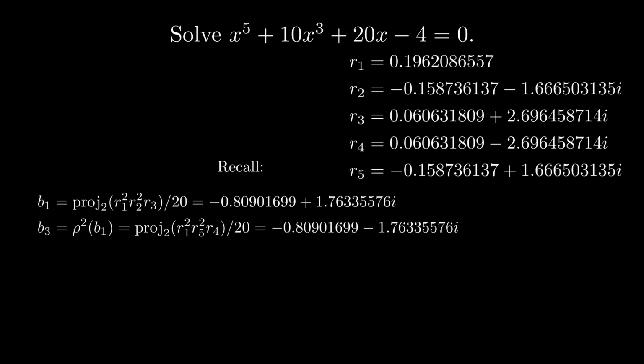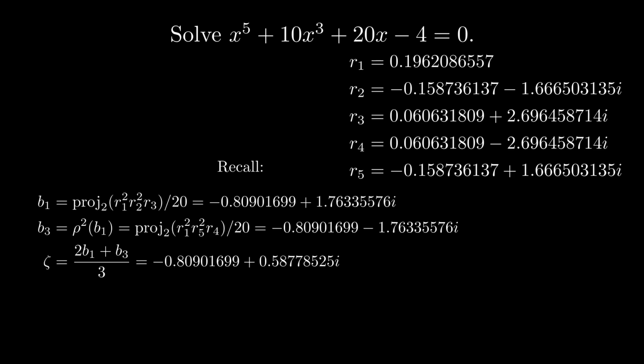Notice that we don't know B2 or B4 since those were defined based on the Galois element rho, and we don't know the compatibility of rho with tau, which is exactly the problem. But either direction we go around the cycle, rho squared is the same element. And then zeta was 2b1 plus b3 over 3 as a complex number, this being negative 0.809 plus 0.588i.